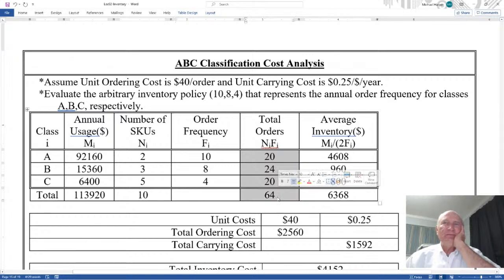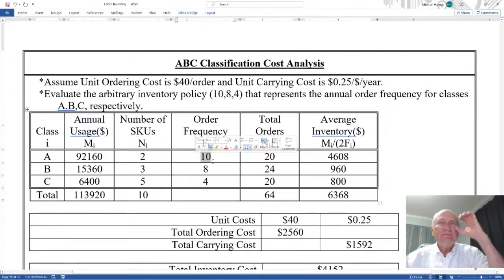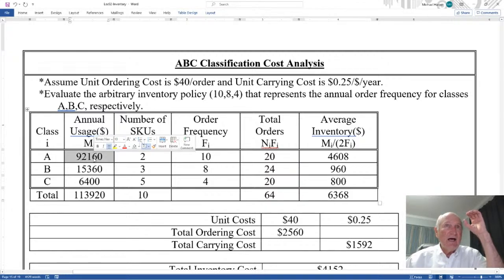I have 64 orders. Each one of those costs $40 to order, so 64 times 40, my total ordering cost is $2,560. Now, if I'm ordering 10 times in a year, if that's my order frequency, and this is my demand in dollars, I can divide that by my orders, and that gets me my order size.